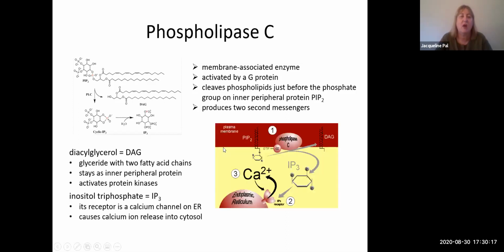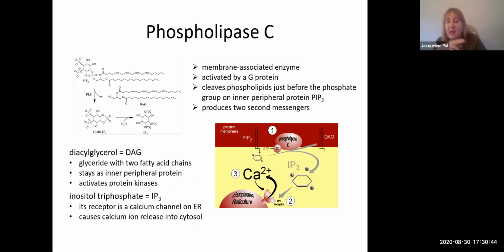And then this is called inositol triphosphate, or IP3, which is what you can call it. And so now this is no longer attached to the inner portion of the plasma membrane, and so it is in the cytosol.